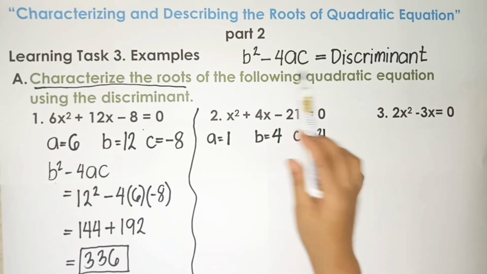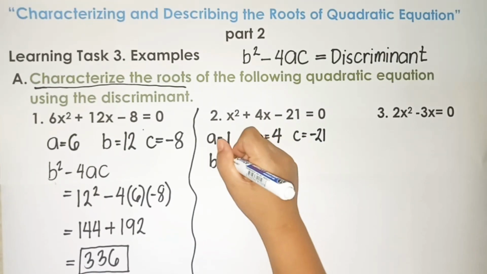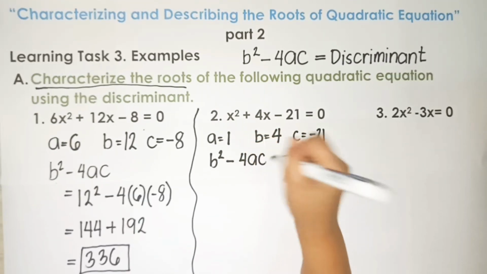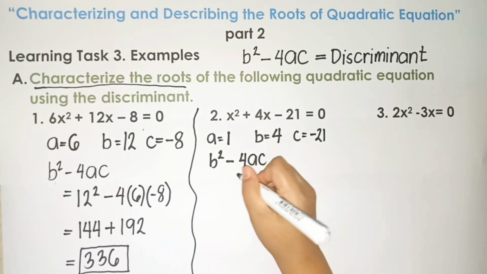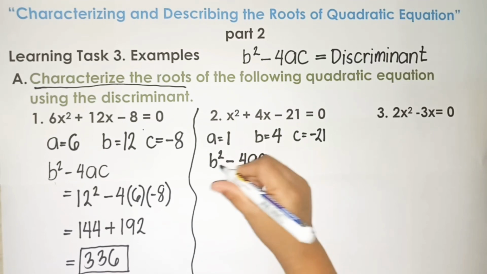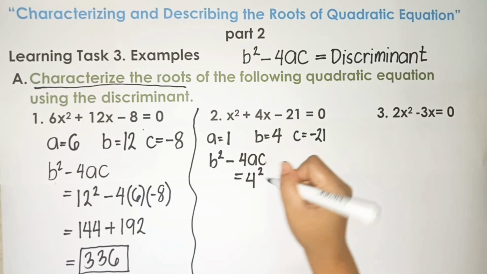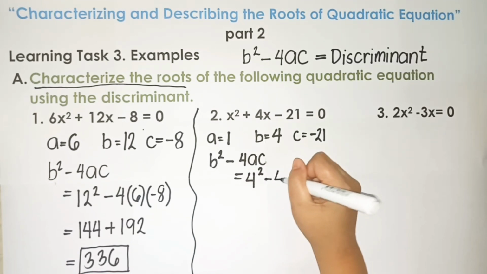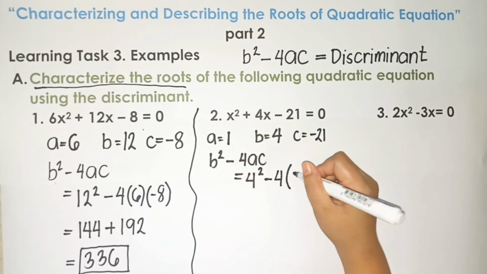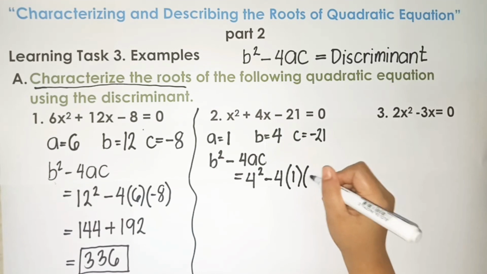Okay, using b squared minus 4ac, let's find the value of the discriminant. Substitute the values. We have b squared, which will be 4 squared, minus 4 times a, which is 1, times c, which is negative 21.